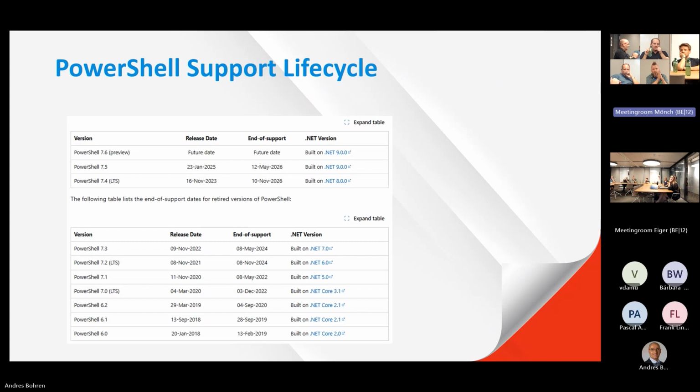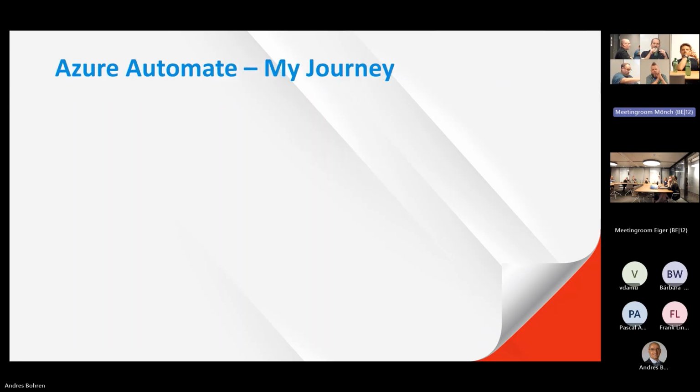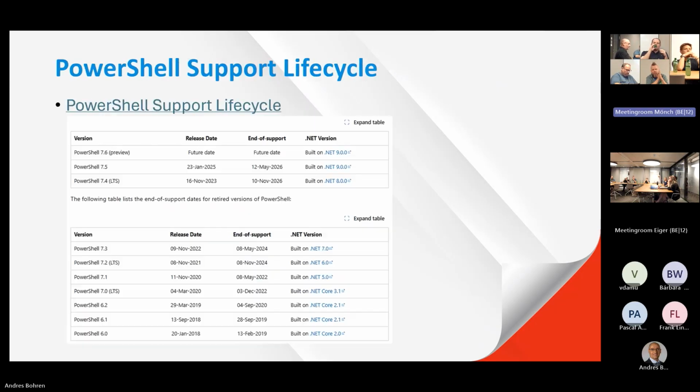All the rest is end of support. What you have available on your automation account is all different versions, and there you get some stuff. We will look a little bit later into that.